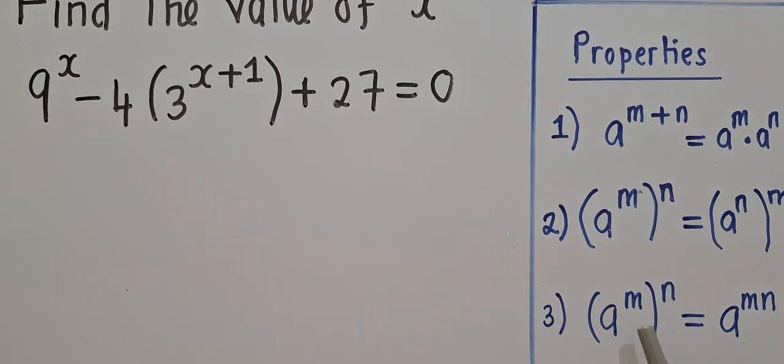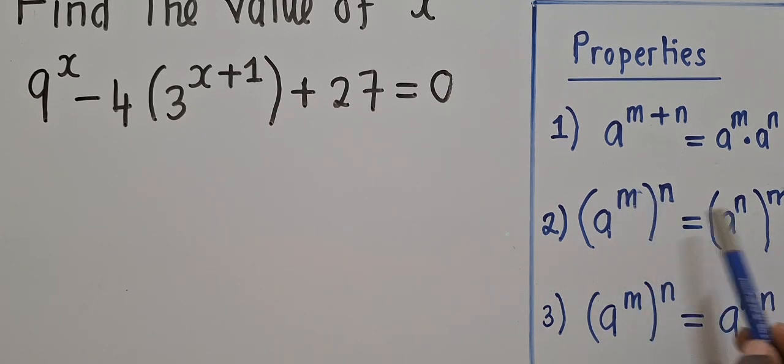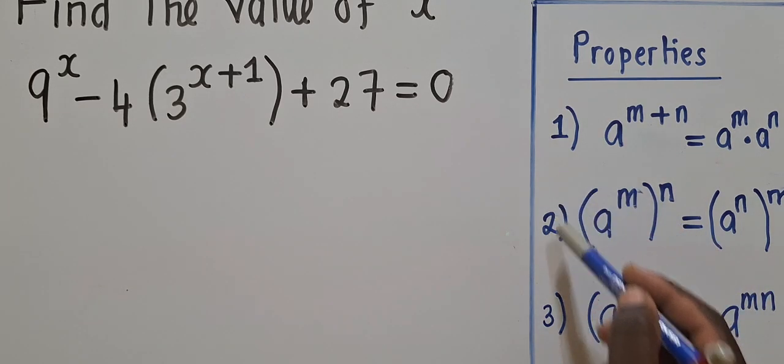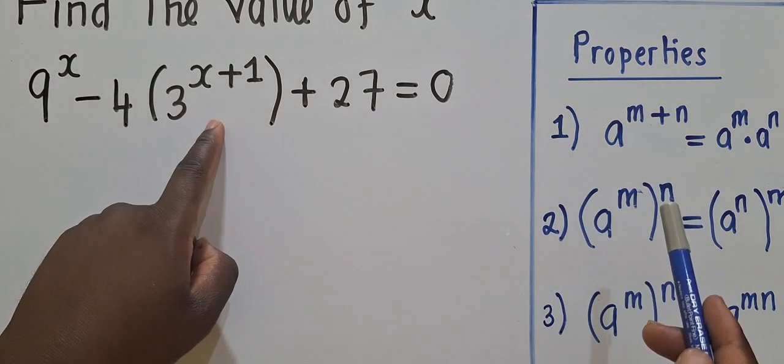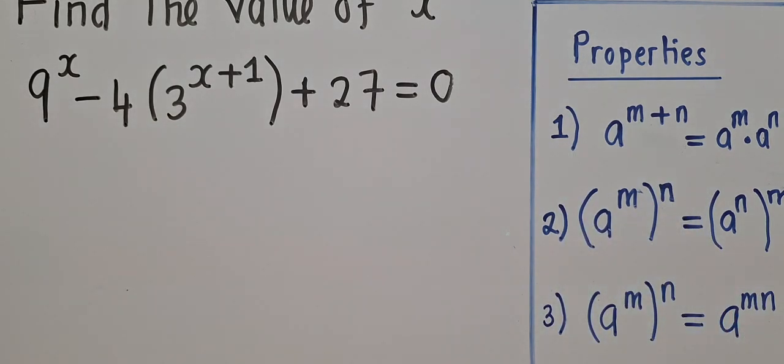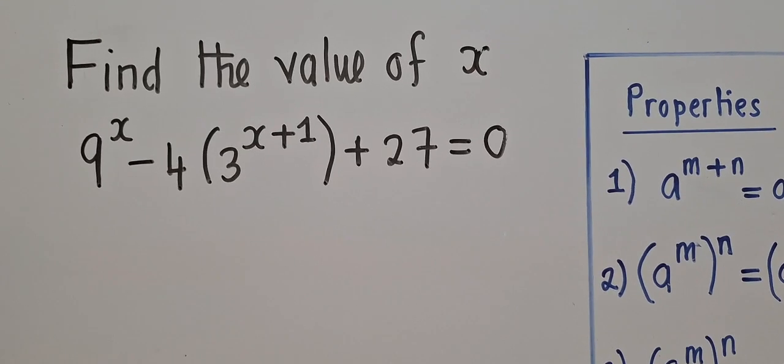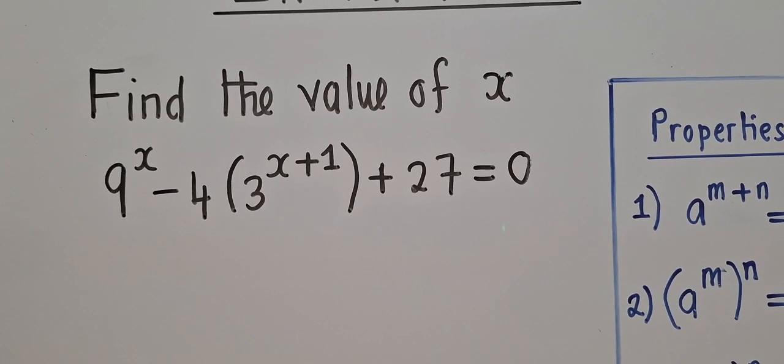Property number 3 says that when you've got power raised to power, it means you are multiplying. You can multiply this times this. It will give us this. So these two properties will be used at this point. The first property will be used at this point. Hopefully, you've gotten one or two things out of this explanation.